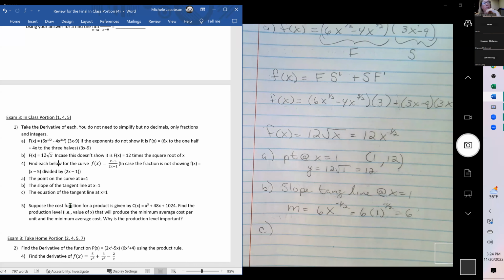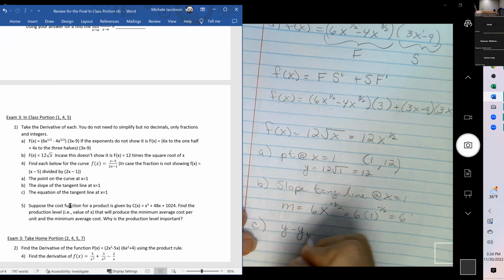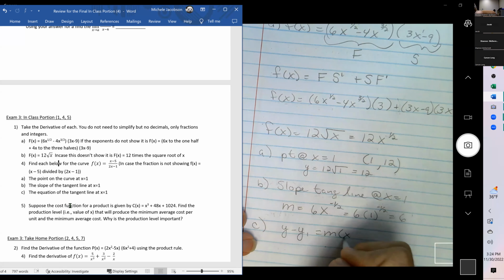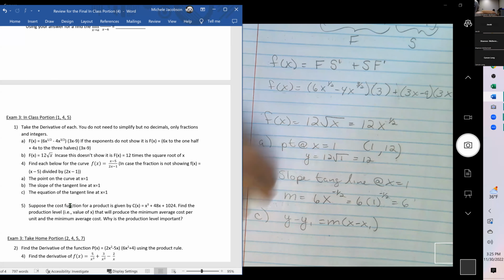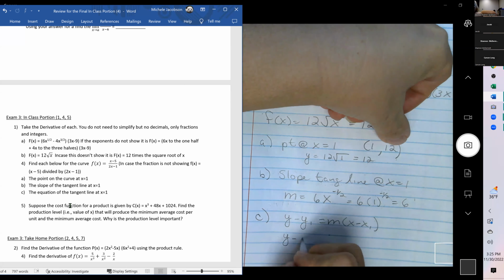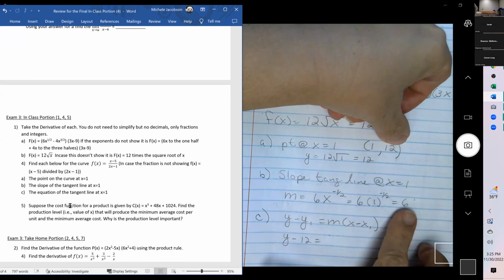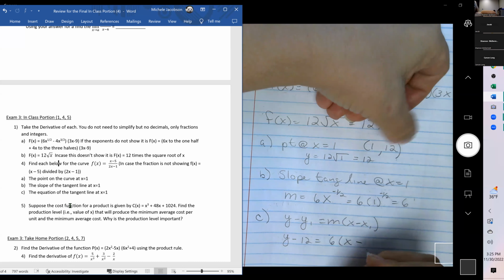The equation of the tangent line at x equals 1. So the equation of the tangent line: y minus y1 equals m times x minus x1. Here's our point. y minus 12 equals our slope, 6, times x minus 1.